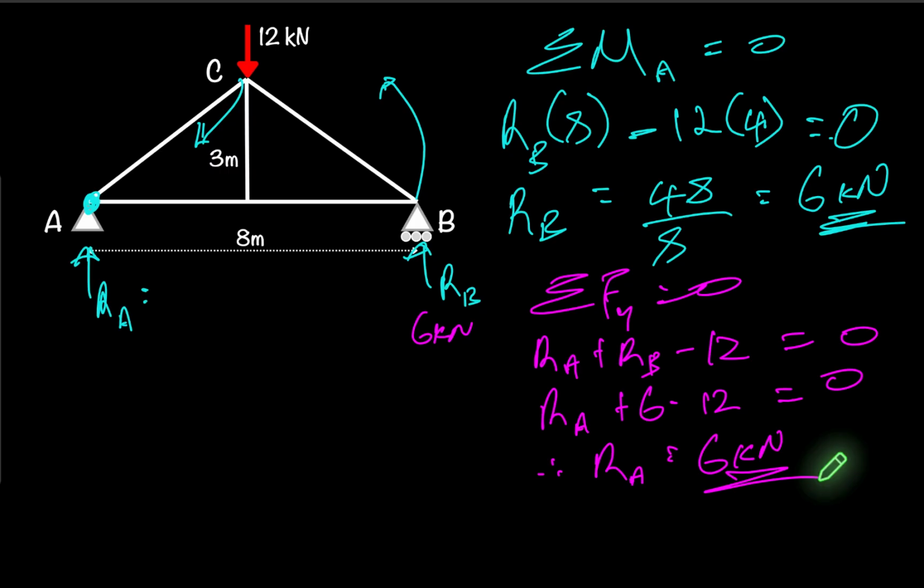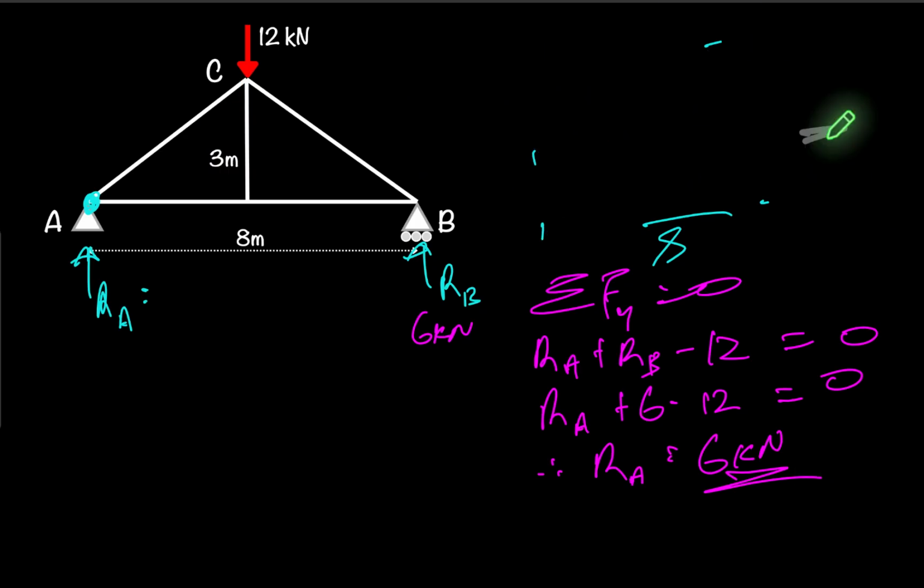And if the answers come out as positive, then the member is really in tension. But if it comes out as negative, then the member is in compression. So yeah, don't fight the sign convention. Let the maths tell you which way the force is acting.